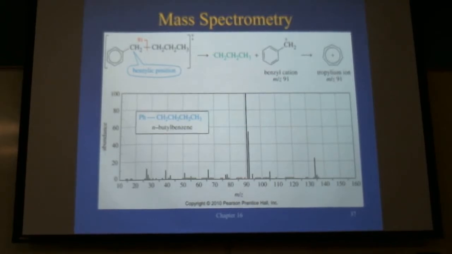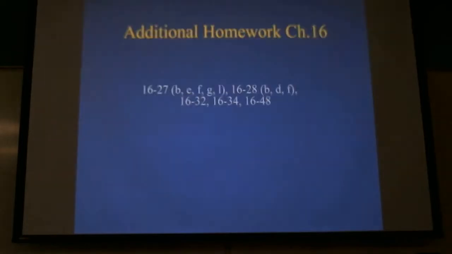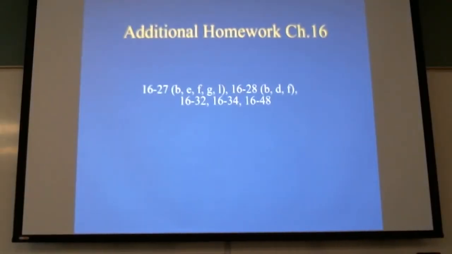As usual, we don't pay attention to mass spectrometry, but of course something like this would be incredibly stable because of resonance all over the place. So that would likely be the base peak. UV, just like NMR, shows overtones for benzene. So that's easy also to see on UV. Okay, we're done with 16.